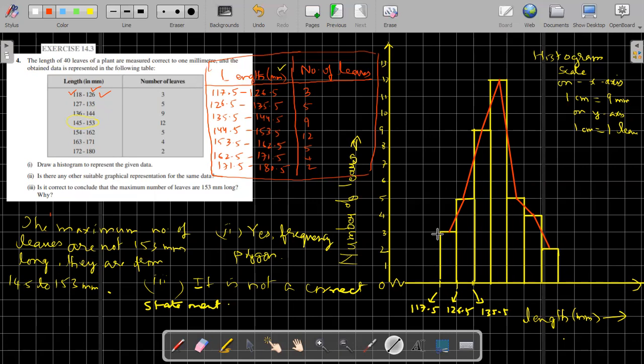Find the midpoint of this line. From the midpoint of this line, draw a line till it touches the x-axis. Similarly, here the midpoint is this one. You draw this. This is called a frequency polygon.